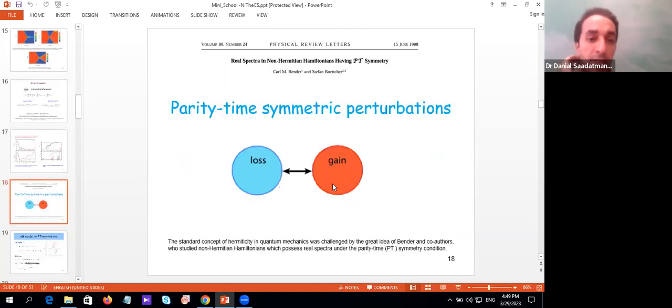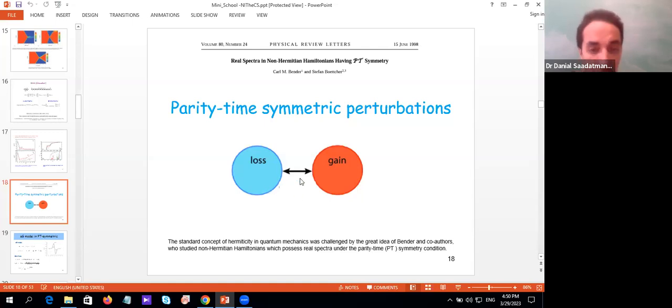One of the interesting behaviors of the soliton is the interaction of the kinks or anti-kinks, or let's say solitons, with parity-time symmetric defects. In fact, in 1998, Bender and co-authors have shown that the non-Hermitian Hamiltonian can also have a real spectrum under the parity-time symmetric conditions.